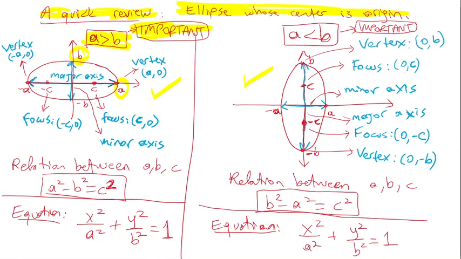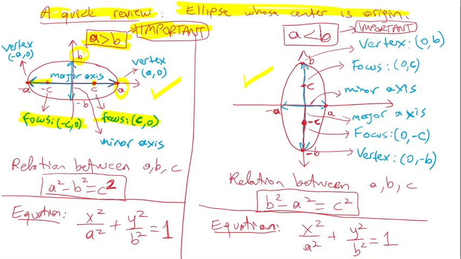And here we have another thing, which point we call the focus. This is the focus, and the number here is C. The focus is (C, 0), and (minus C, 0) is the other focus. I mean, we have two focuses, we call them foci.